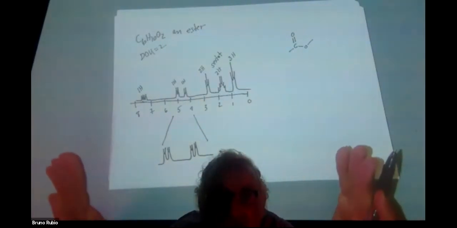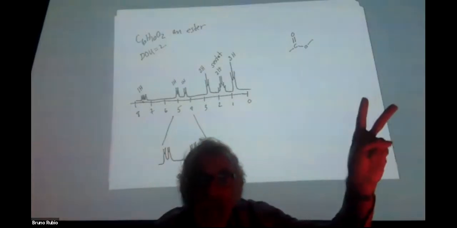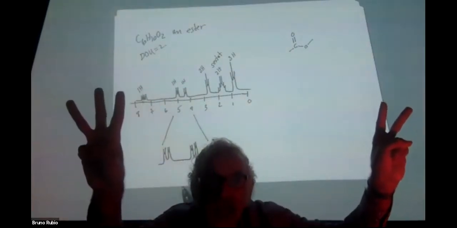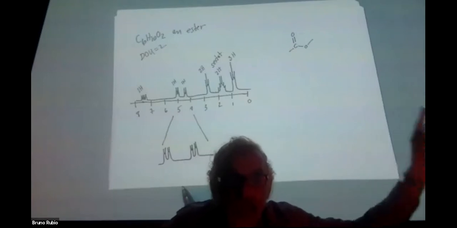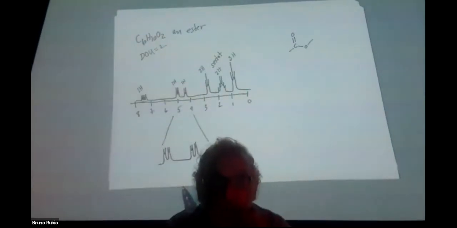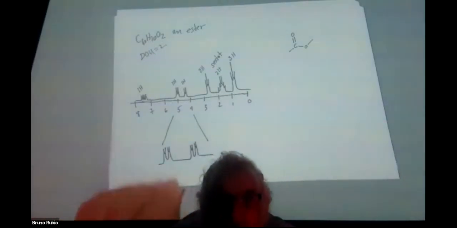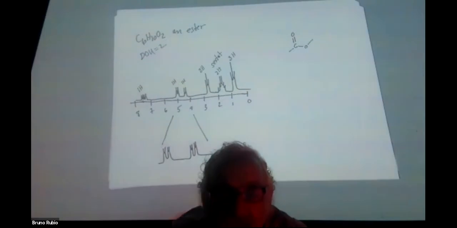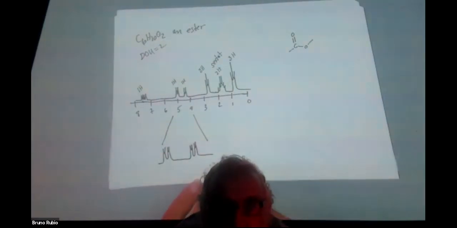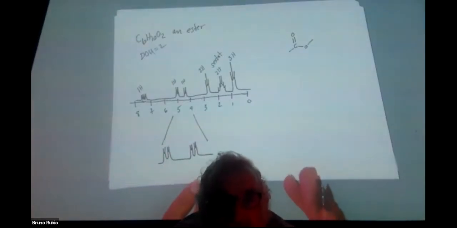A sextet means a signal is split by 2 on this side and 3 on this side, or maybe 2 here and 1 there, and nothing's equivalent to each other, all adding up to 5, but the coupling constants were all equal just fortuitously, right? A quintet is the very same thing.